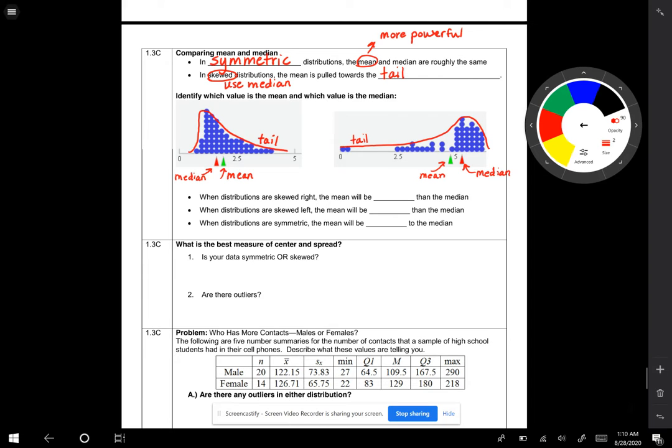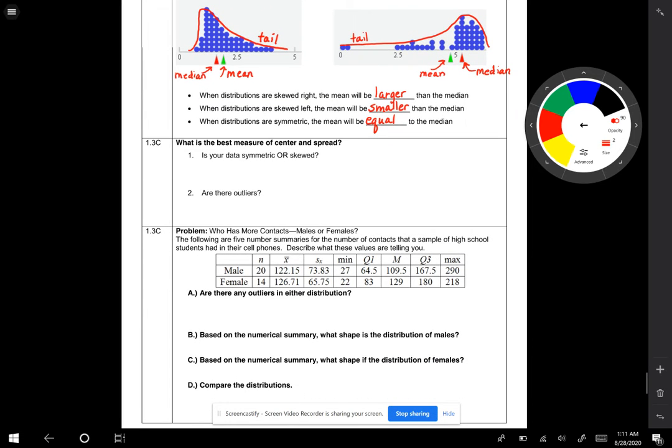So to recap, when distributions are skewed right, the mean will be greater than the median. When distributions are skewed left, like the right picture, the mean will be smaller than the median. When distributions are symmetric, the mean will be the same or equal to the median.